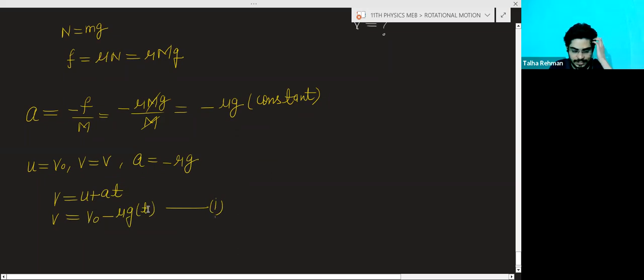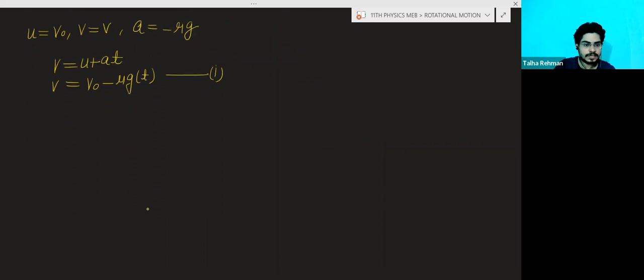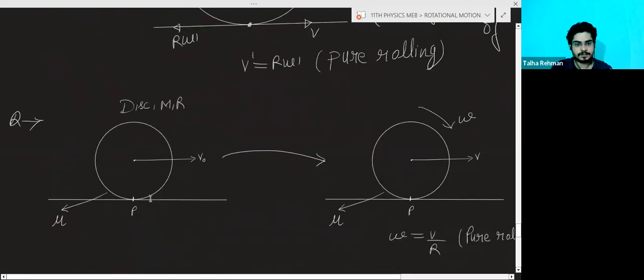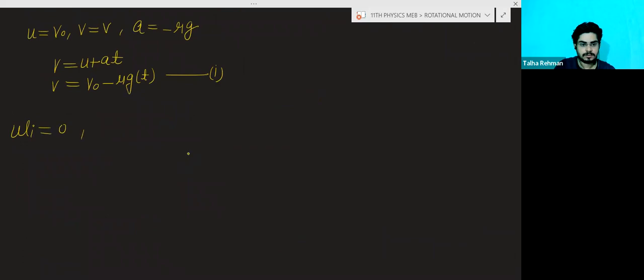Now we will see in terms of angular acceleration and angular velocity. What is the initial angular velocity of the body? It is 0, because initially this body is moving with linear velocity only, so there is no angular velocity. Final angular velocity of the body after some time is omega. Now, what is the torque on the body?